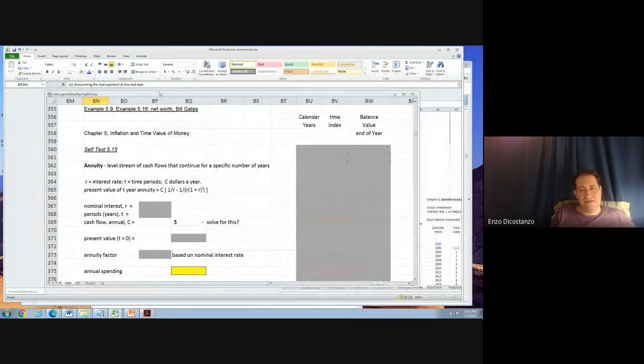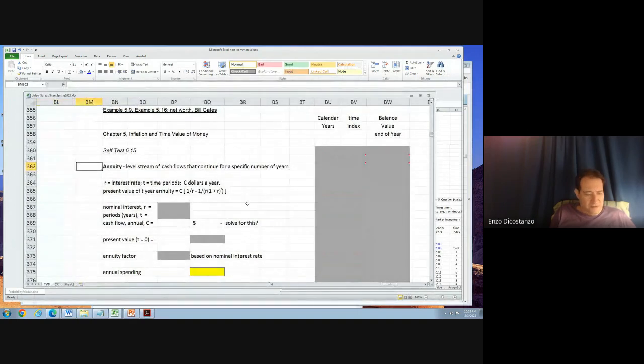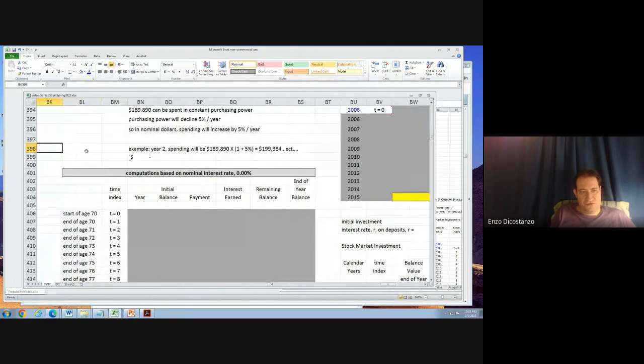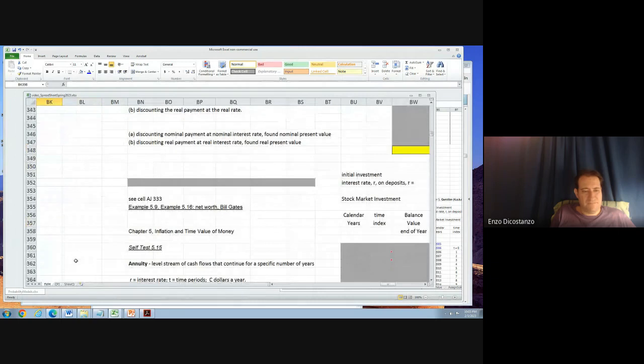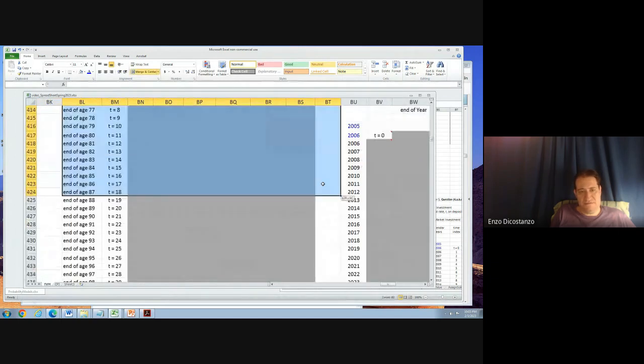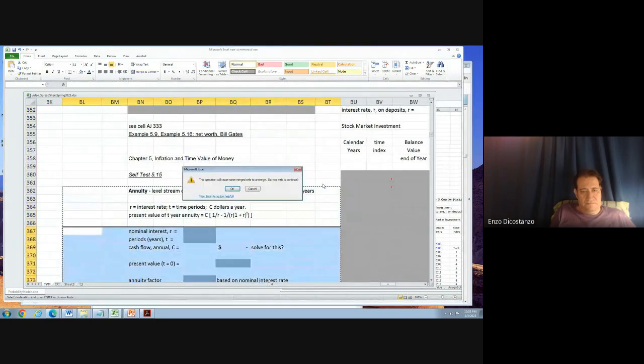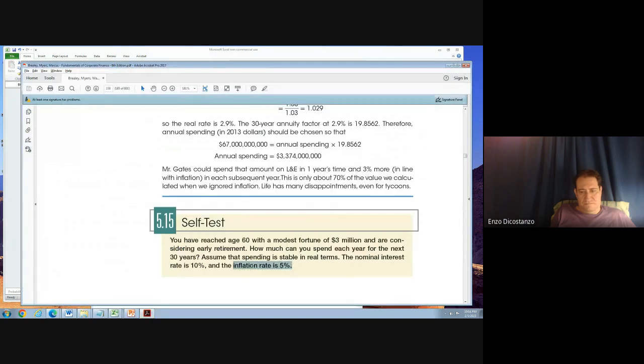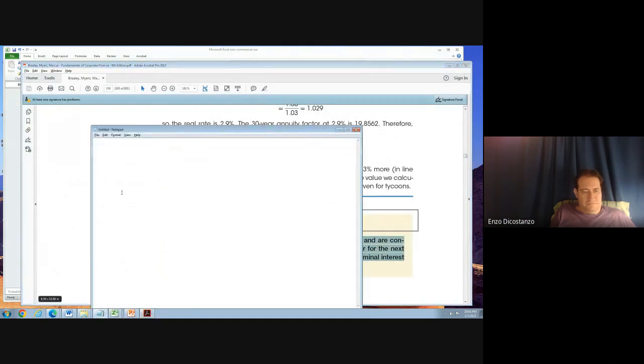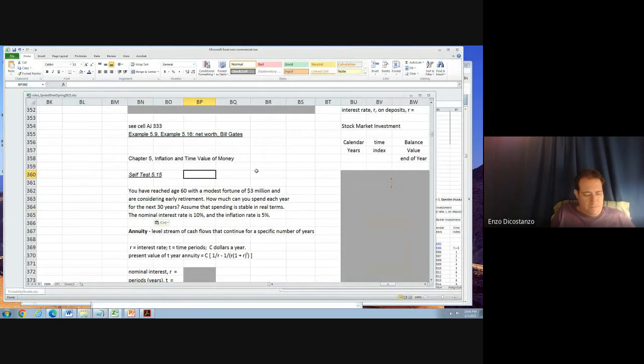Okay, so what we'll do again, just to give ourselves a bit of room here. A modest fortune of 3 million, next 30 years. You have a nominal rate, you have an inflation rate.